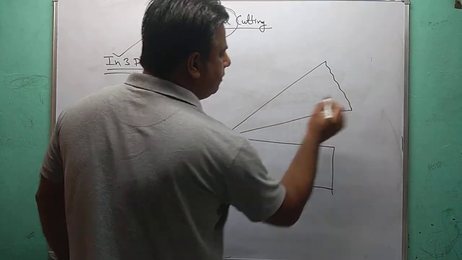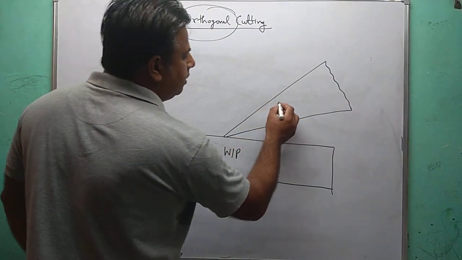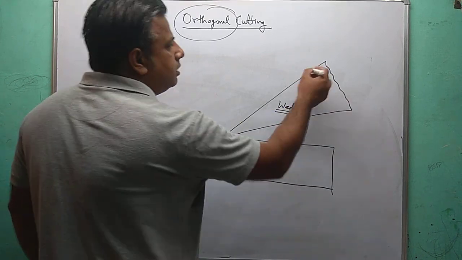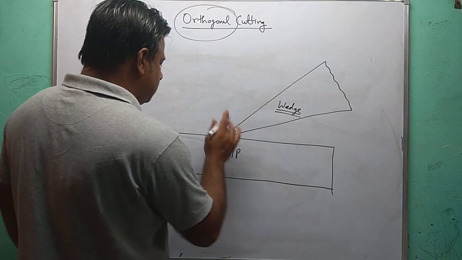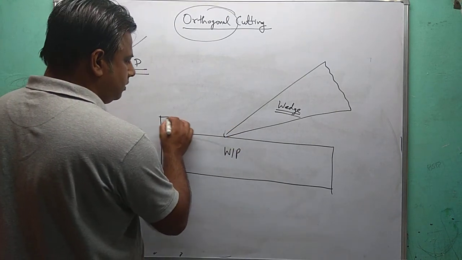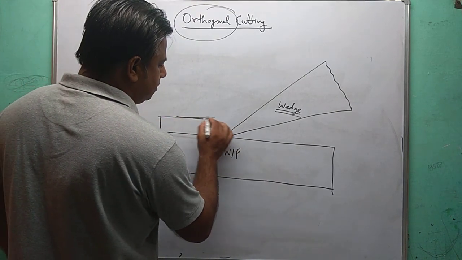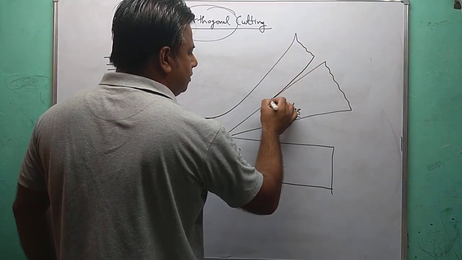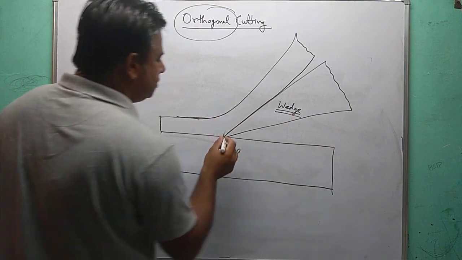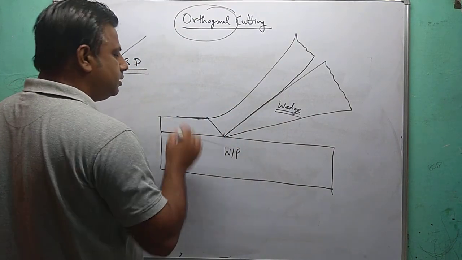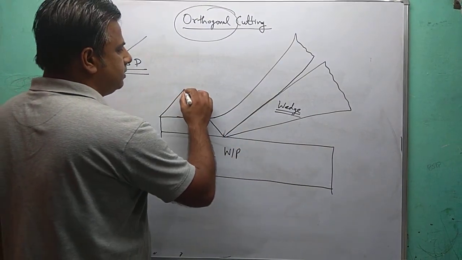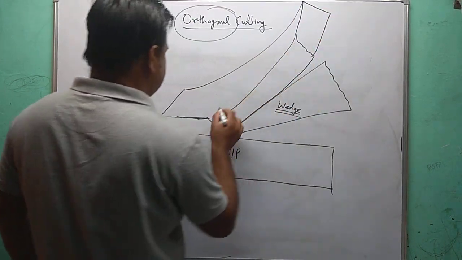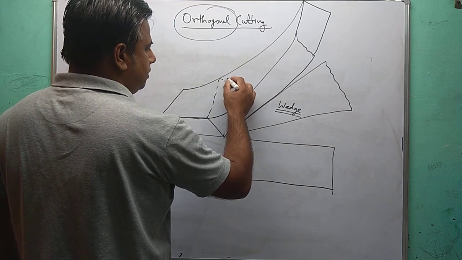The cutting tool here we consider like a wedge shape. So the cutting action will take place. In 3D it looks like this.